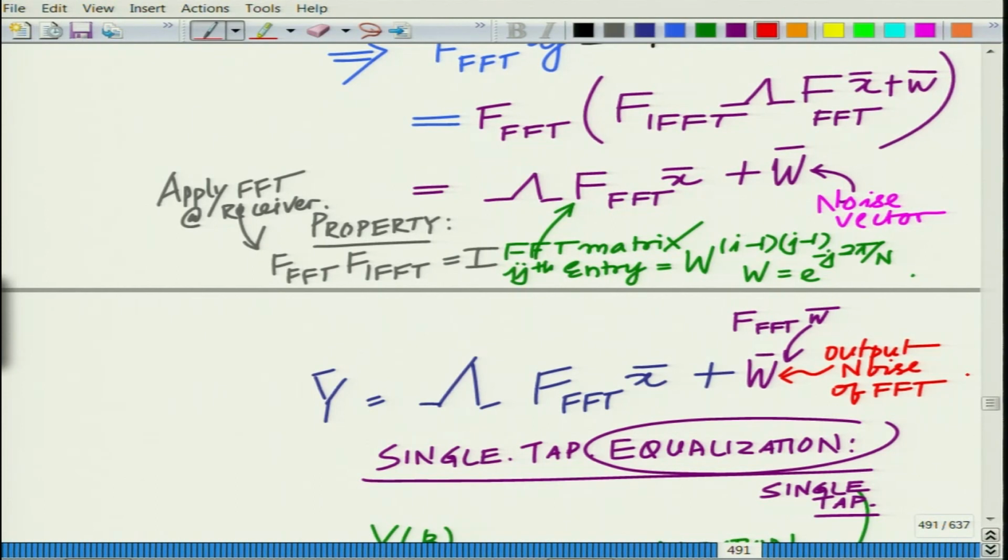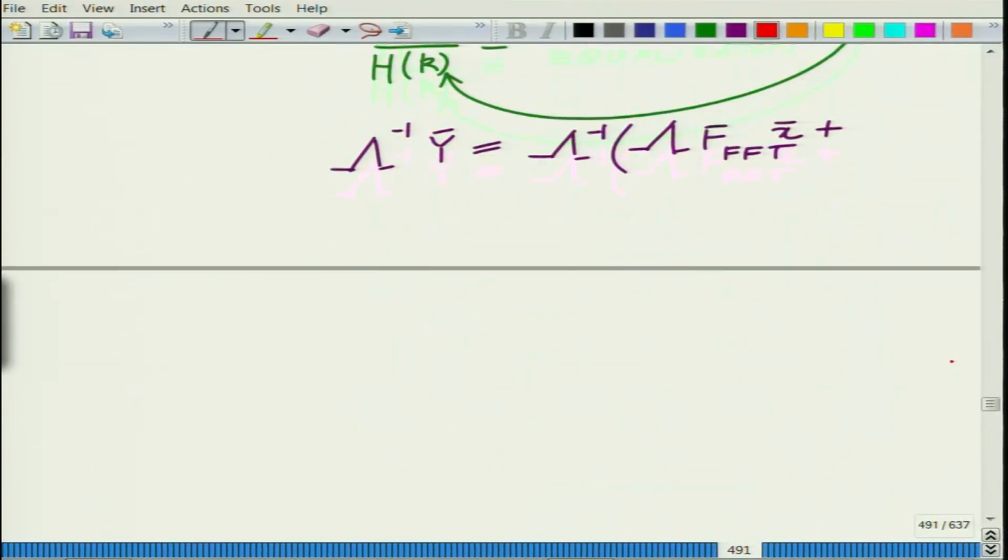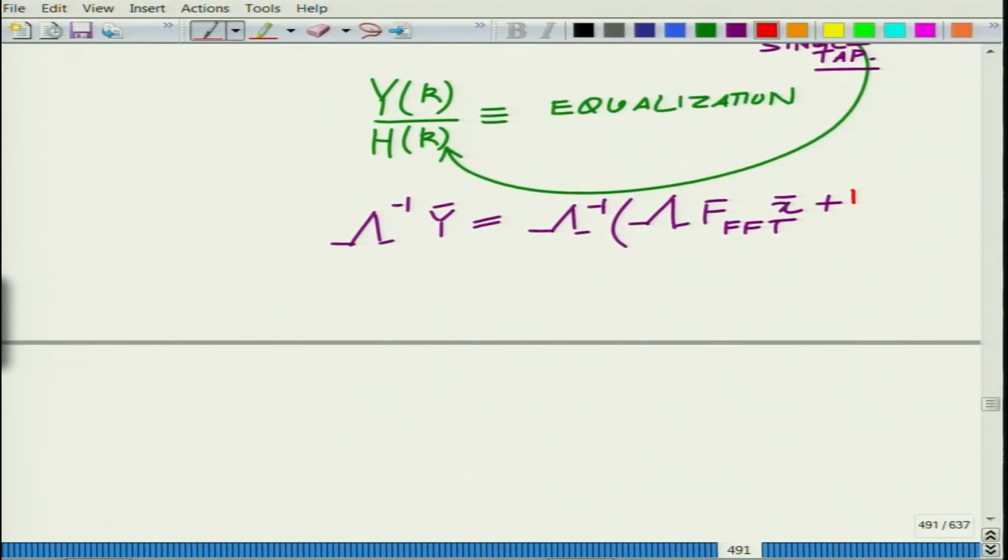This now gives you lambda inverse lambda is identity, so that gives you F FFT x bar plus lambda inverse W bar. Remember lambda is a diagonal matrix, therefore it is easy to invert.